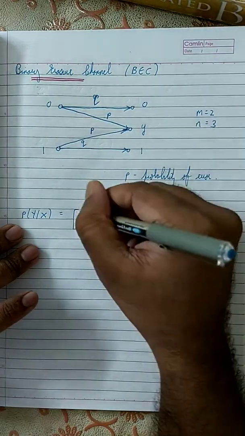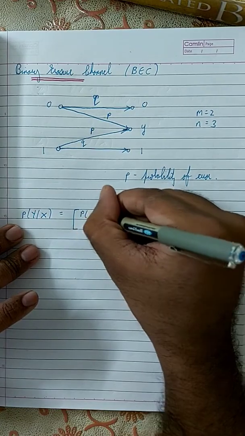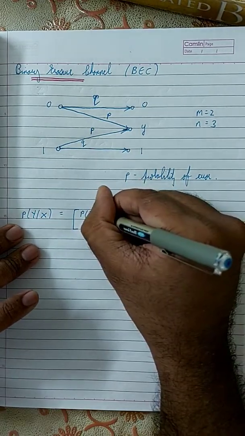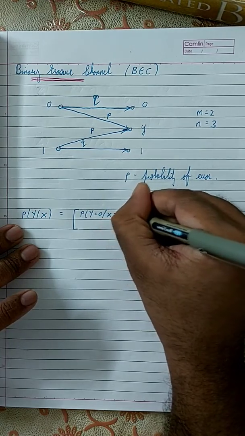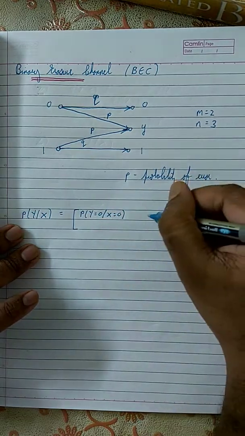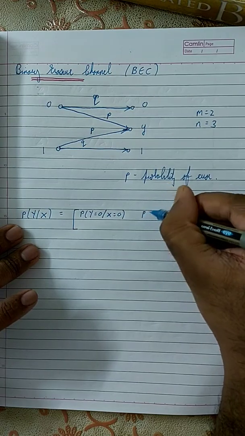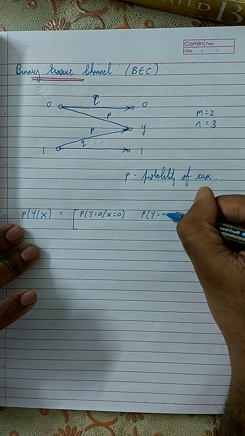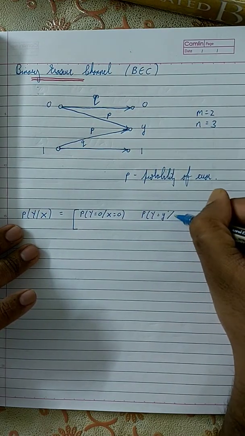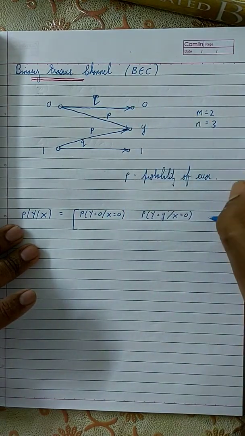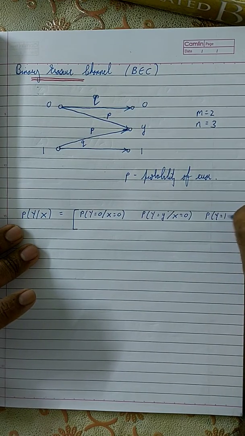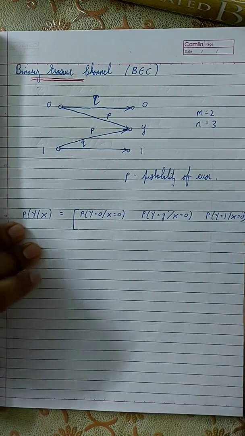The first element will be the probability that y is equal to 0 when x is equal to 0. The second element will be the probability that y is equal to Y when x is equal to 0. Then the third element is the probability that y is equal to 1 when x is equal to 0.